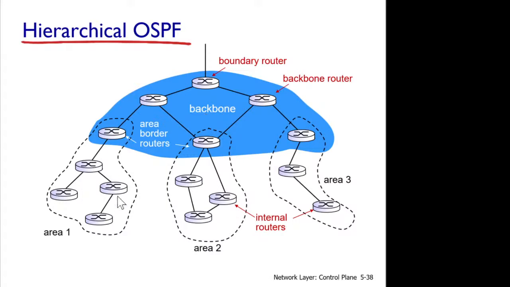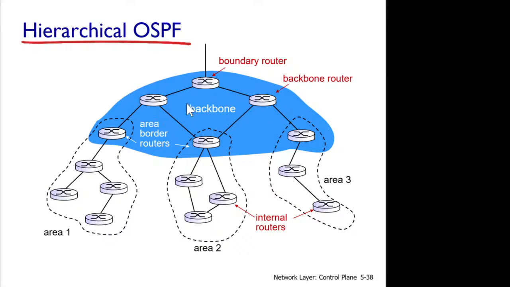So we can now run for each of the independent areas, area 1, area 2, and area 3, our own link state algorithm. It's independent link state algorithms. The idea being that if there's a datagram destined for a node that is not inside of our area, we just send it to the area border router, and the backbone will figure out what to do.